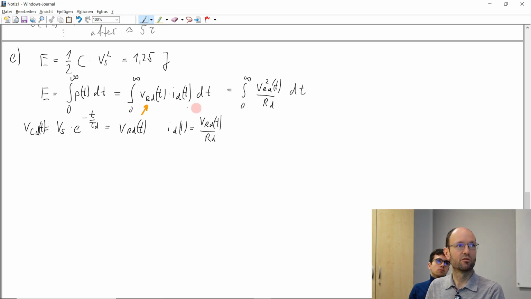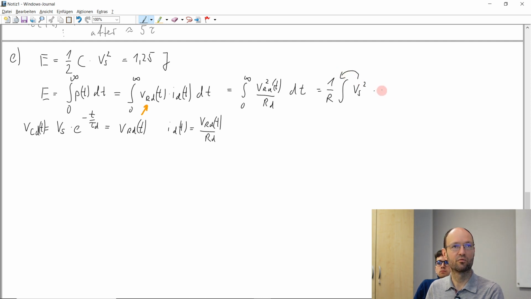Okay, and so now we can really insert this function, and 1 over R is some constant that we can already place in front of the integral. And so then what we are left with is Vs squared. This is also some constant that we can later on move to the front.